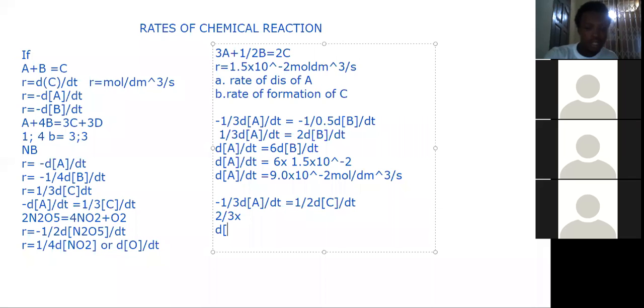So the rate of formation of C is equal to 6.0 times 10 raised to the power minus 2 mole per dm cube per second. Let's not forget the unit.